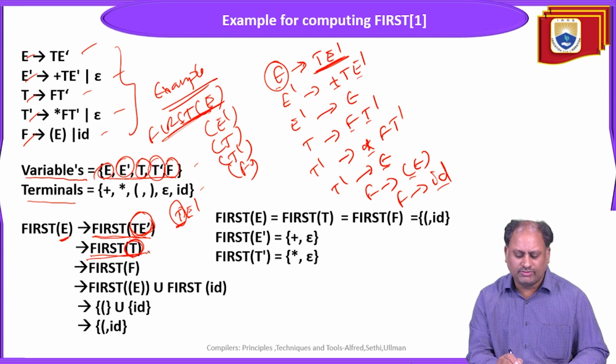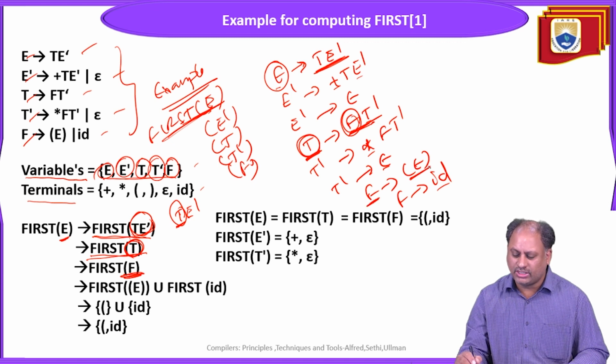So here first of T, what is the value of the left hand side non-terminal for the given set of rules? Here first of T is F T dash. So F T dash, what is to be considered? First of F. Once again, first of F. What is F here on the left hand side?